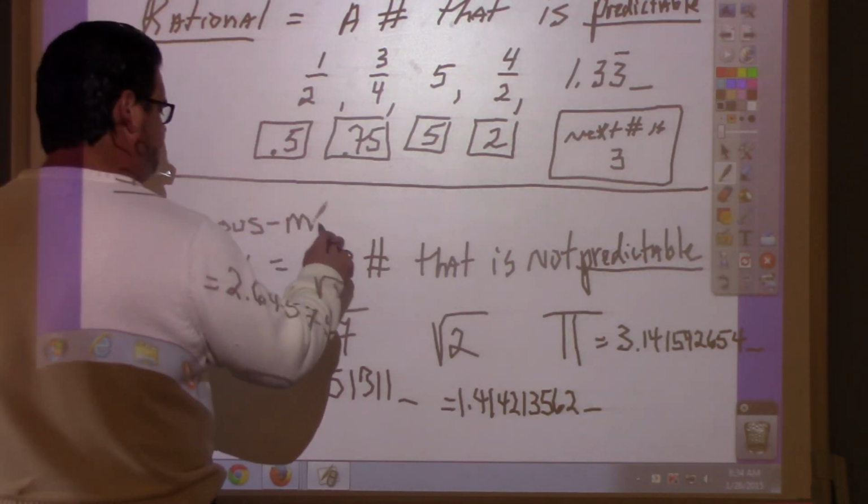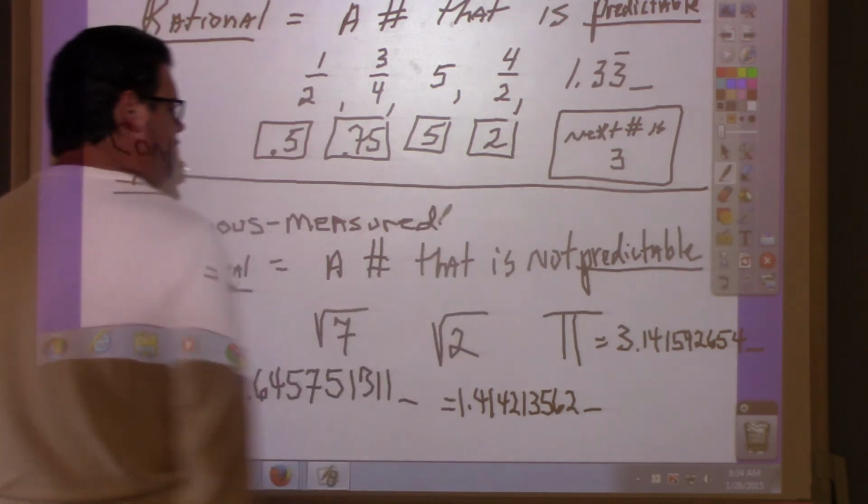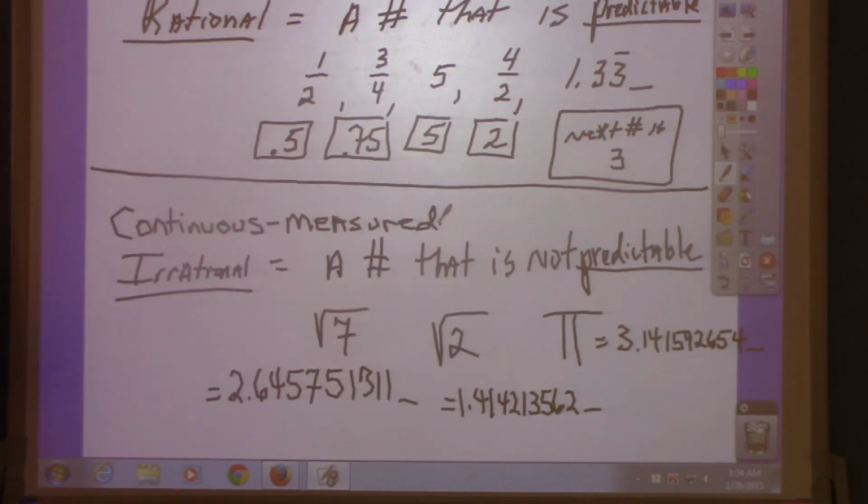Why? Somebody tell me why. I just told you why. Because different readings. I can give y'all all the same tape measure that reads digitally, and y'all would still give me different answers because of the way you're reading it.